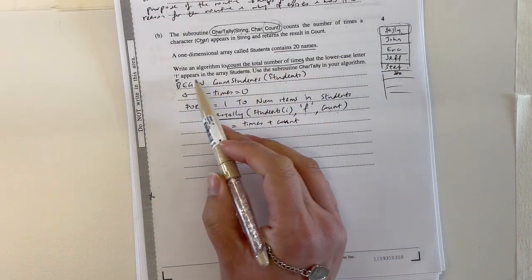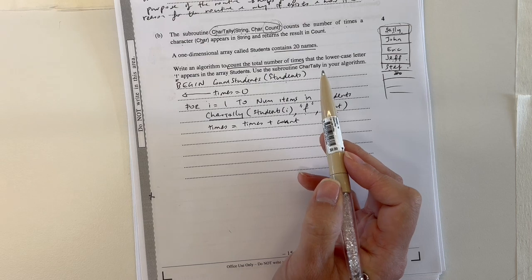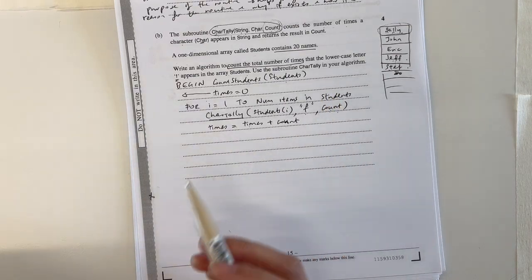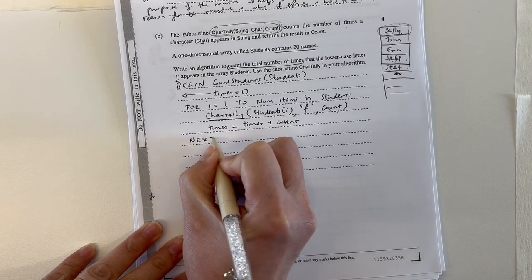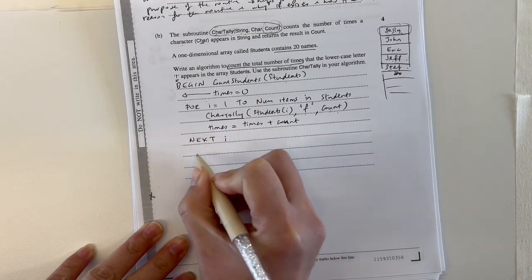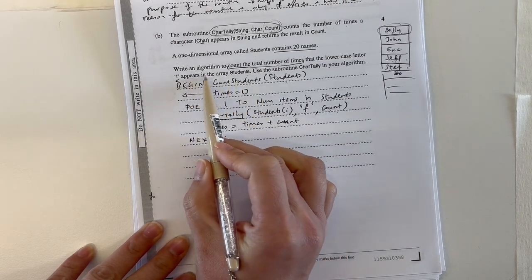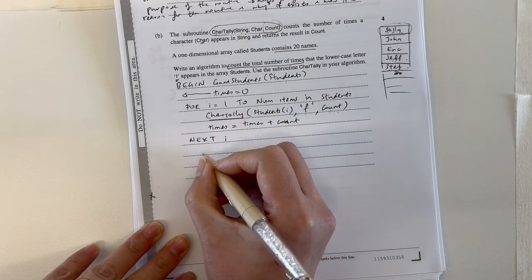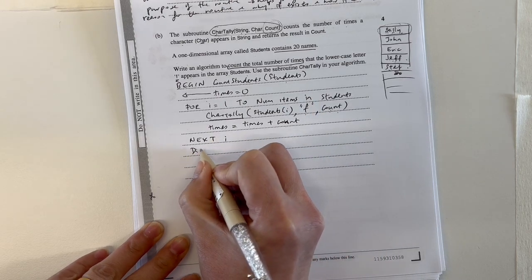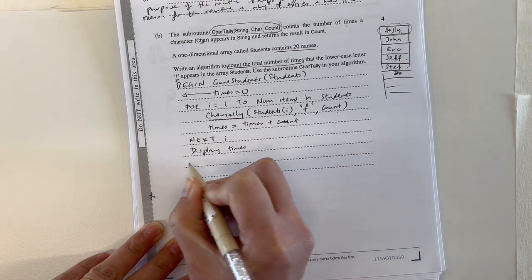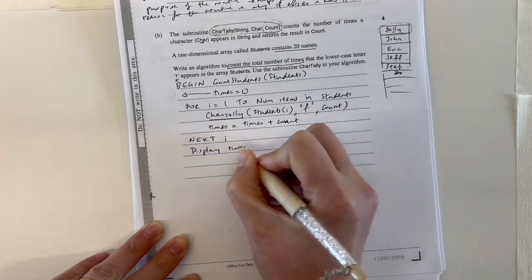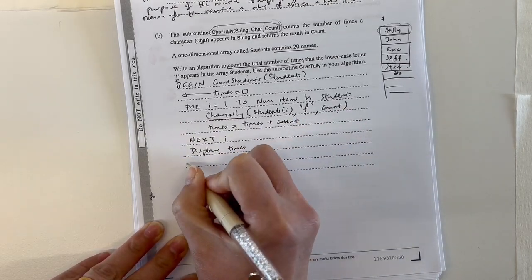Count number of times in lowercase. Use the search. Okay, I think that should be right. Then I need to finish off my loop with next, and then I need to display it. Yeah, I should display it. Even though they don't tell you to display, just do it. Display times.